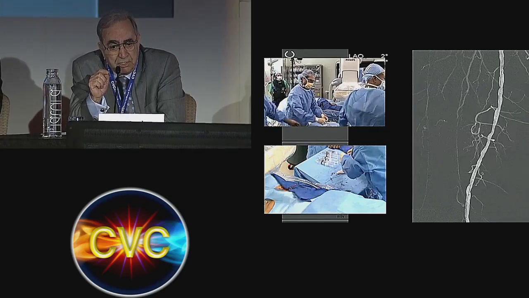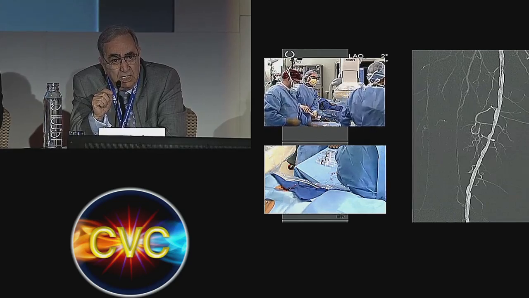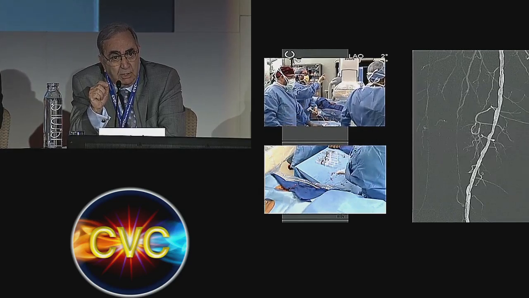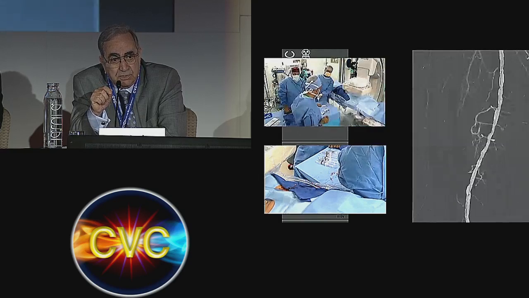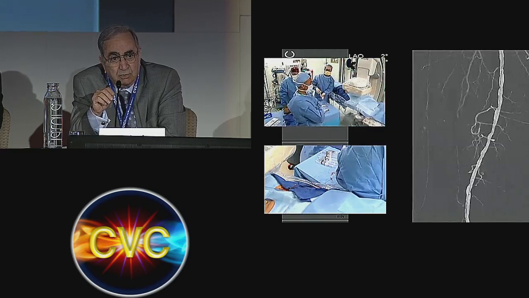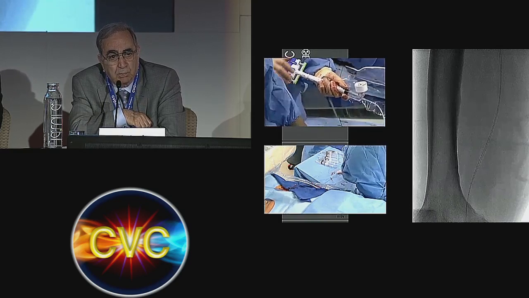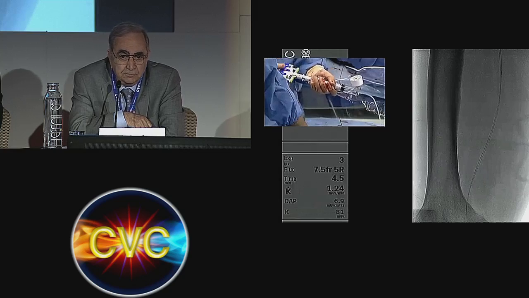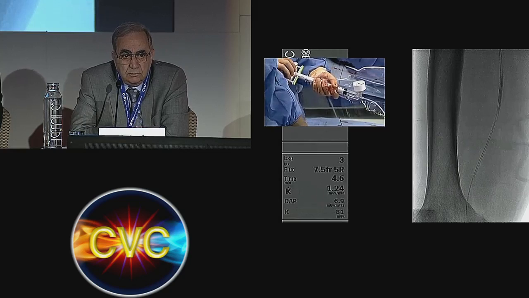If you have a patient who does not have patent popliteal branches, then distal vessel disease becomes symptomatic. But if you have large popliteal branches, those patients don't need any treatment because they get enough flow from the popliteal artery.